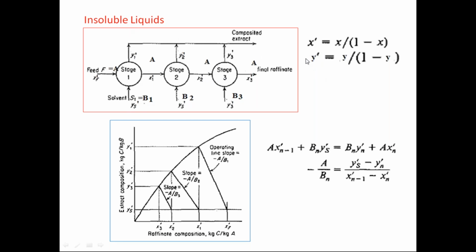In the extract streams, y prime can be found out: y prime is the weight of C divided by weight of B, which is the organic solvent. So these will typically become weight ratios. Instead of having weight fractions, we are converting them into weight ratios.